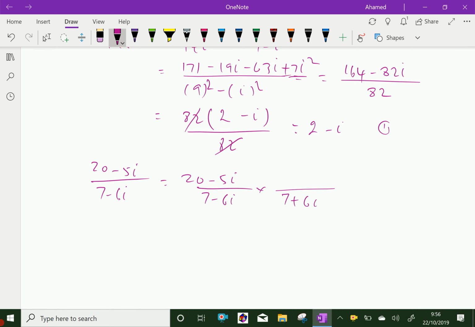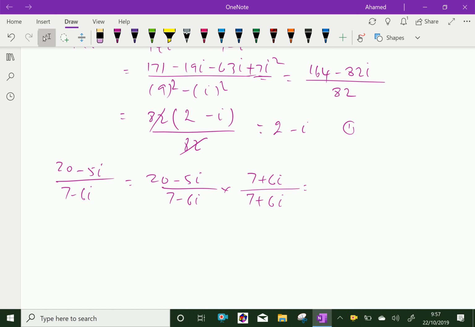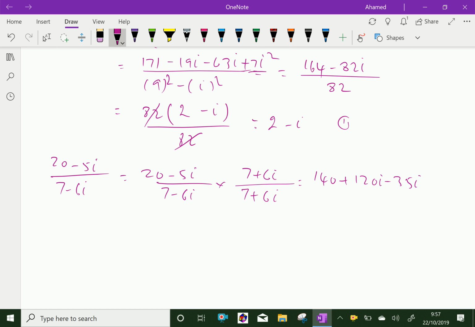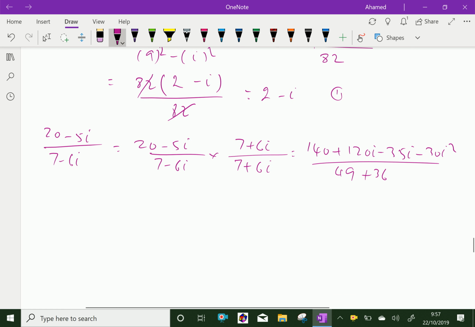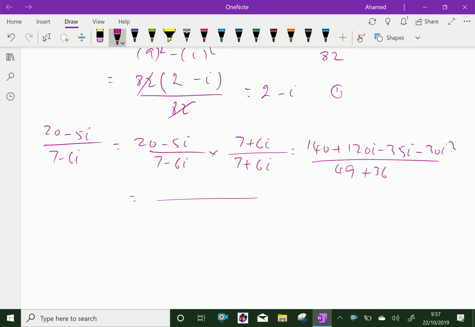Rationalizing with 7 + 6i, here 20 into 7 is 140, plus 120i minus 35i, 5 sevens are 35i, and minus 30i squared, over 7 squared is 49 plus 6 squared, 36. That gives 49 plus 36 is 85, and 140 minus 30i squared is plus 30, that is 170, and 120i minus 35i is 85i.